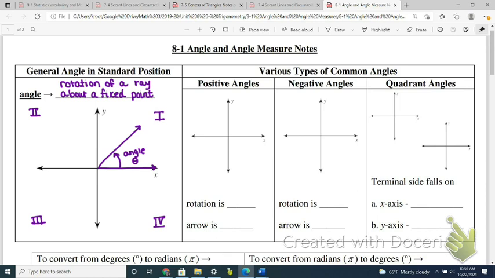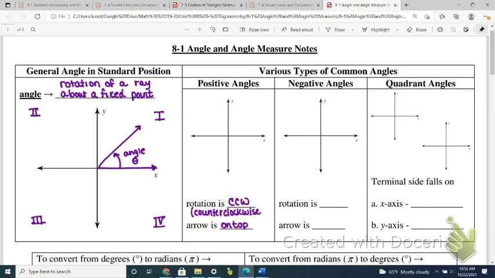So our positive angles are always rotated counterclockwise. And the arrow for our angle will always be on top. So if we think of our angles, if you take an angle and you continue to drag it around the whole circle, that point on the end or the tip of the angle would make a circle.